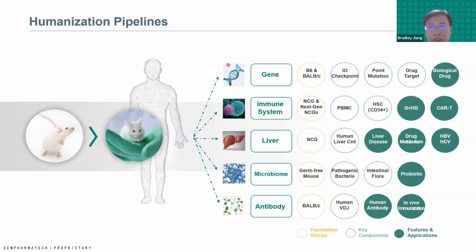These include genetic humanization, immune system humanization, liver humanization, microbiome humanization, and antibody humanization. By relying on these humanized models, we can reflect the pharmacological response more closely to human characteristics during preclinical drug evaluation.